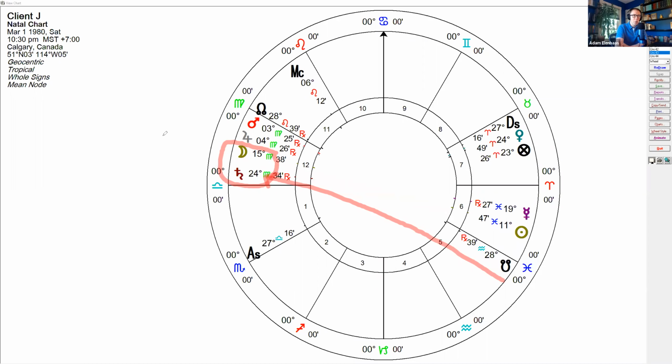And we know that in the past few years, the other thing that's been happening, that's been of major importance, is eclipses right over the nodes of the Moon. So this is an eclipse cycle returning and activating those issues.